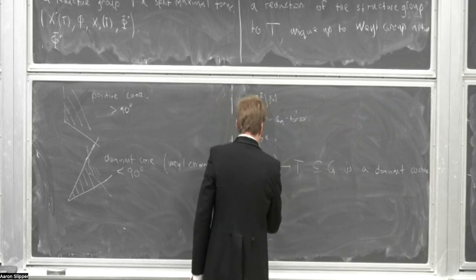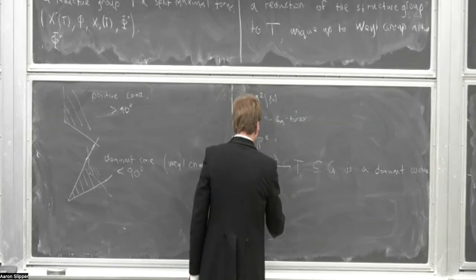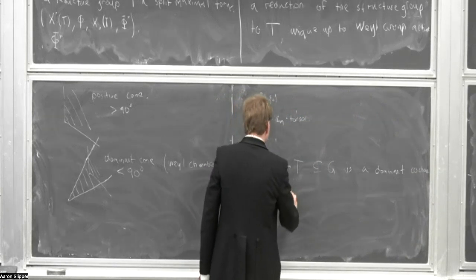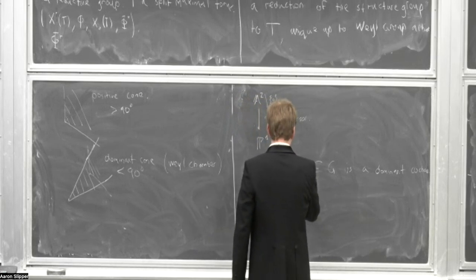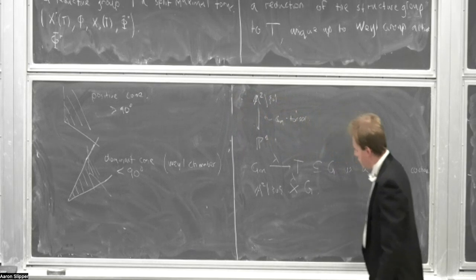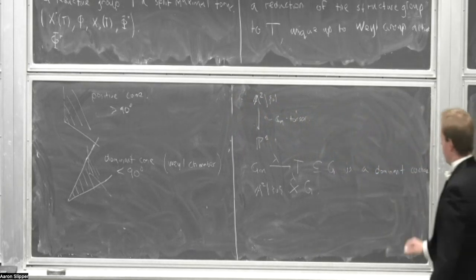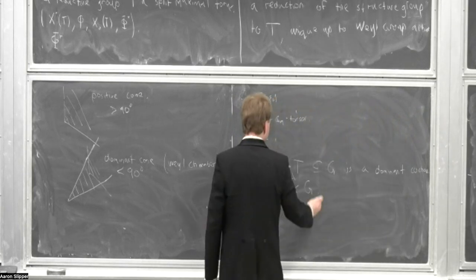So it's A2 minus the origin times lambda G. This changes it from a Gm bundle to a G bundle, and this gives you a set of all such things.